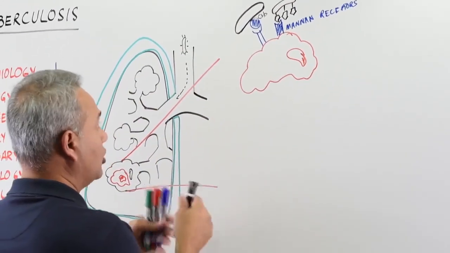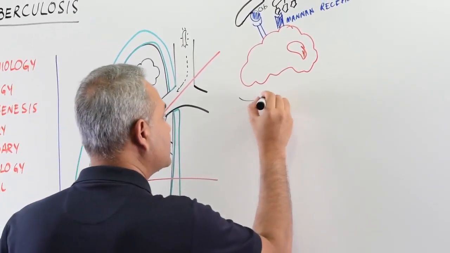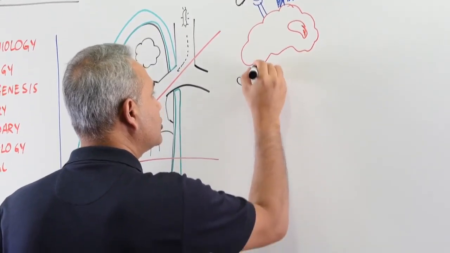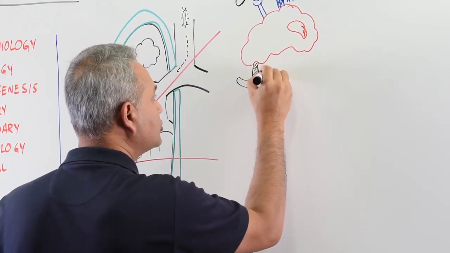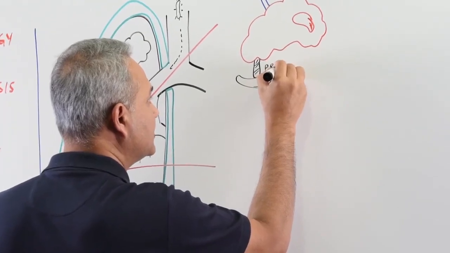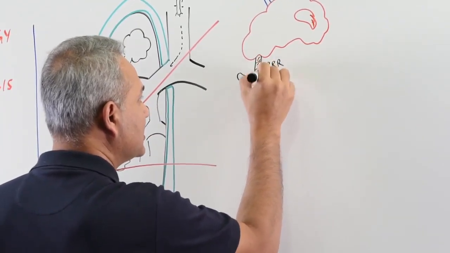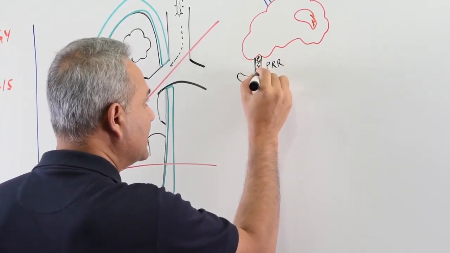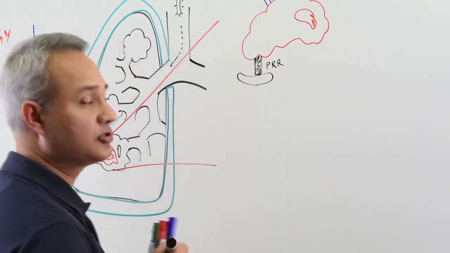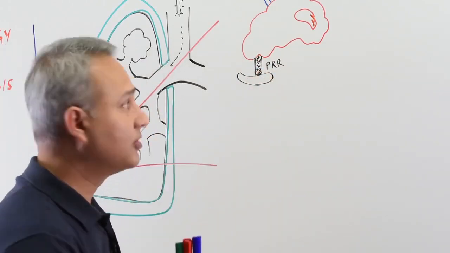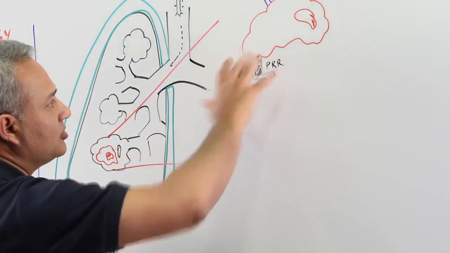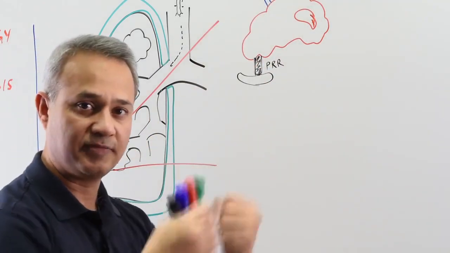Then we also know that the macrophage can connect to the pathogen through pattern recognition receptors. These receptors are special proteins that can find various kinds of antigenic patterns on the surface of the pathogen and bind with them. So now various pathogens are stuck with the macrophage.